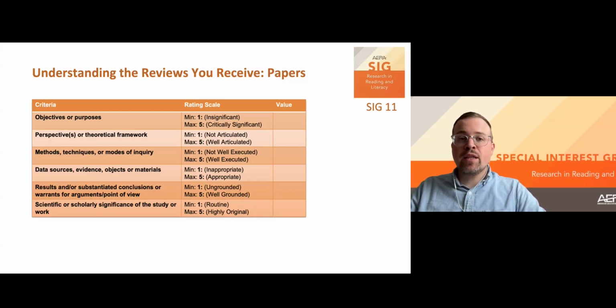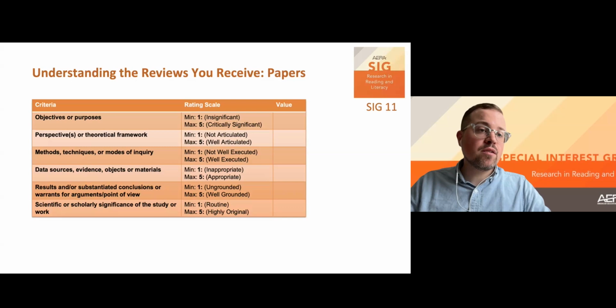Papers will be rated from 1 to 5 on a rating scale that ranges from insignificant objectives or purposes to critically significant objectives or purposes. And these determinations will be made by peer reviewers in the field who have expertise on the topic and methods.